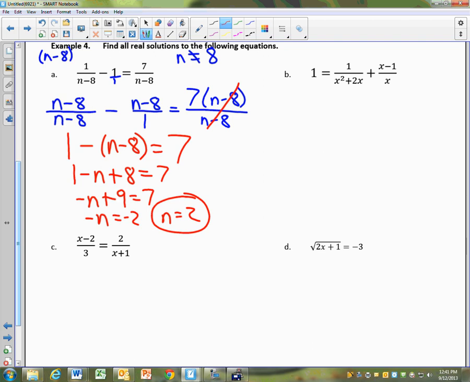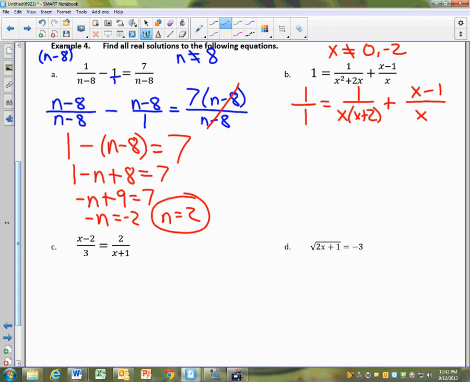We try another one for good measure. Before I begin this one, I'm going to write it in factored form. X times x plus 2 plus x minus 1 over x. First of all, what numbers would be a problem for x? X cannot be what? X can't be 0. X can't be negative 2.